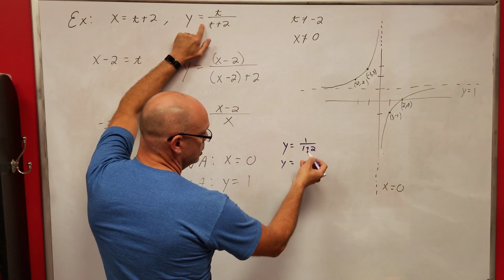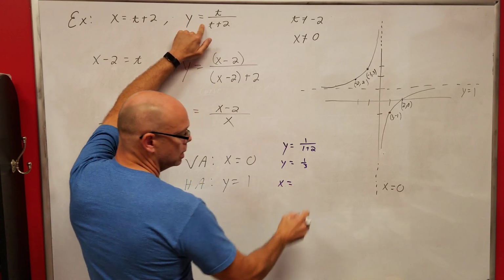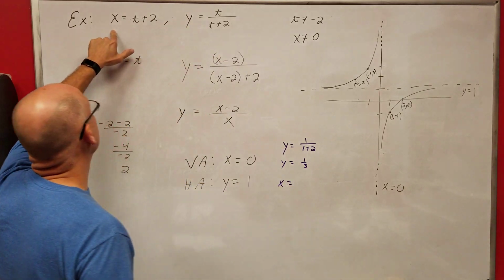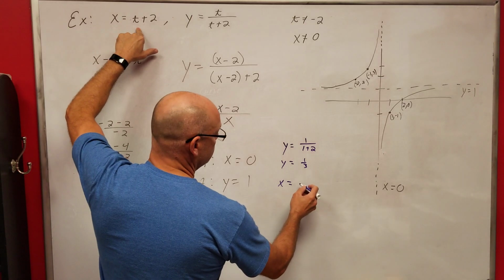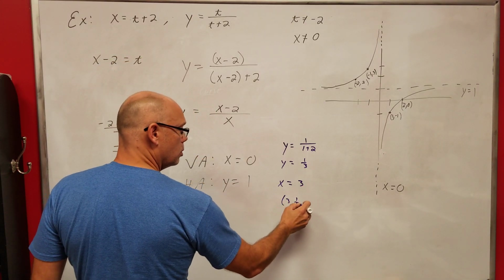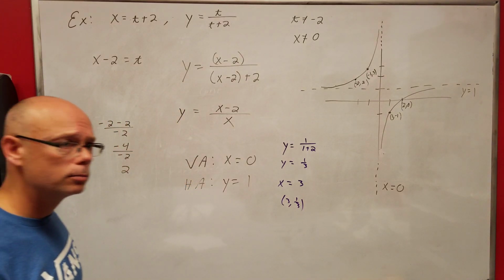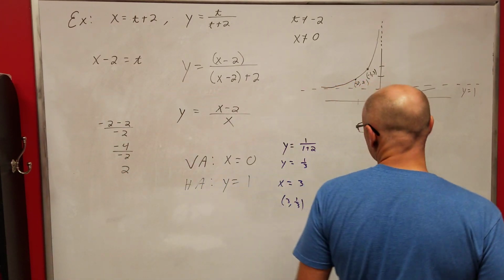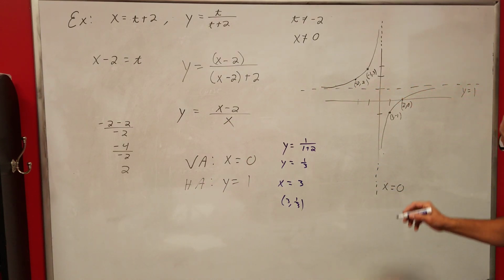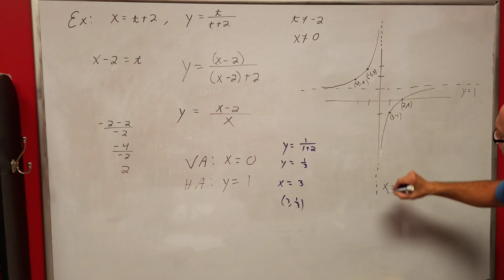So y is equal to what? 1/3? Where's x at when time is 1? X will be 1 plus 2, or what? 3, right? So that gives me a point 3, 1/3 is where I'm at a time value of what? 1. Okay? But that doesn't tell me which way it's moving. Is it moving this way, or is it moving that way?